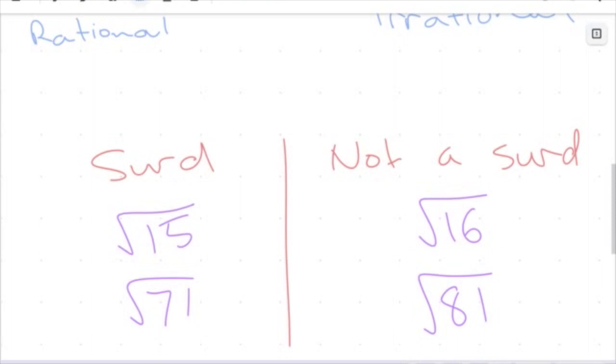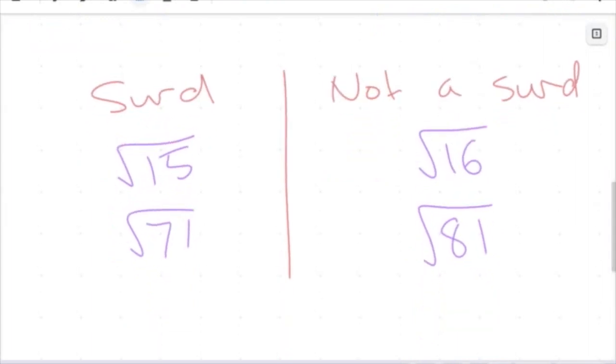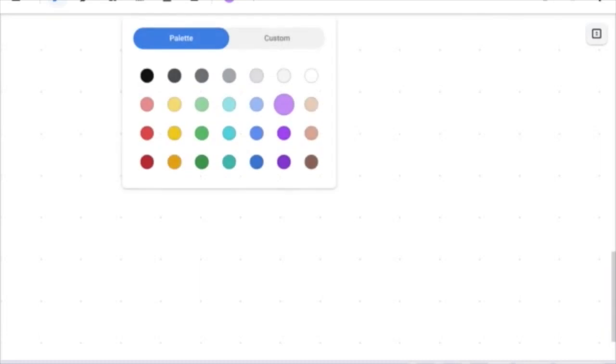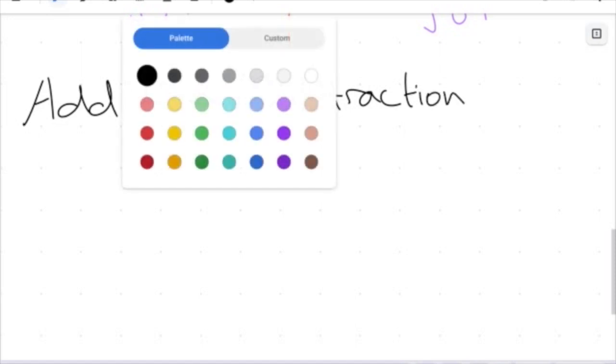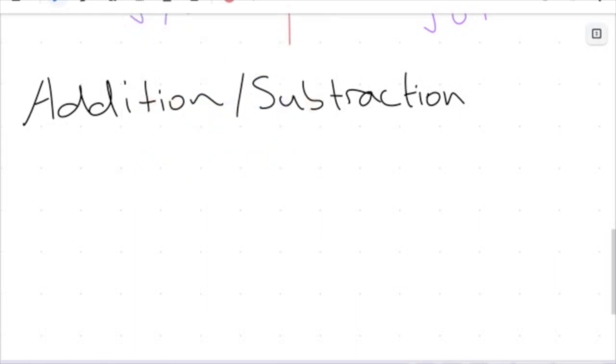So now that we've defined this, let's look at some simple operations we can do with surds. Now, let's look first at addition and subtraction. Okay, now what if I had an example here where I had 2 root 3. Now this is a surd. This is just saying 2 times root 3.